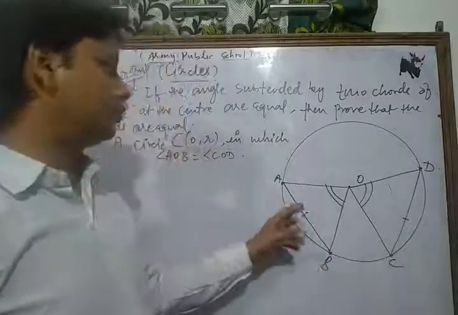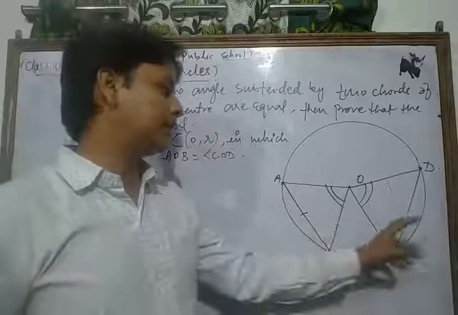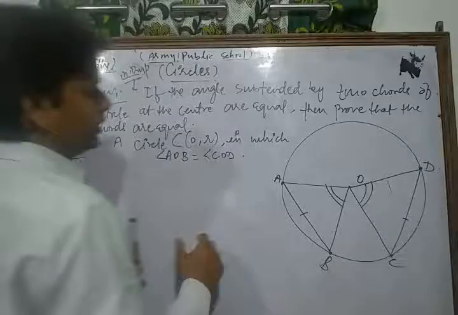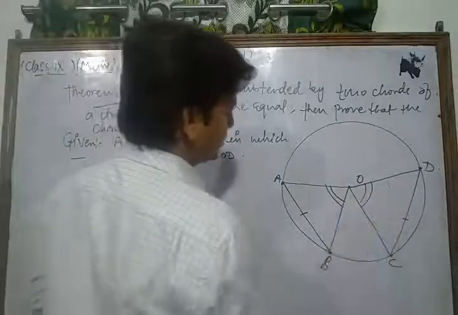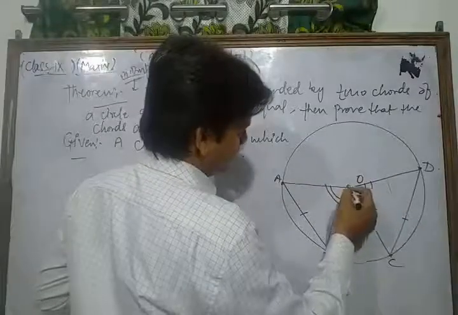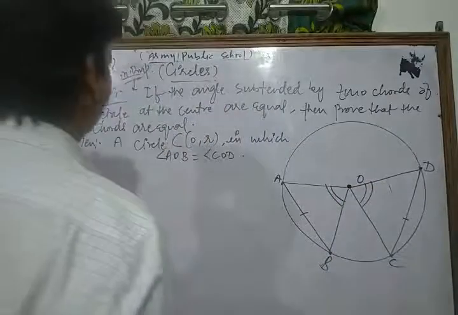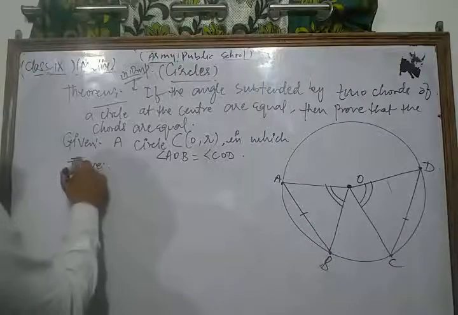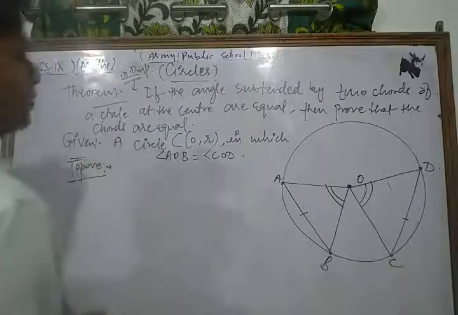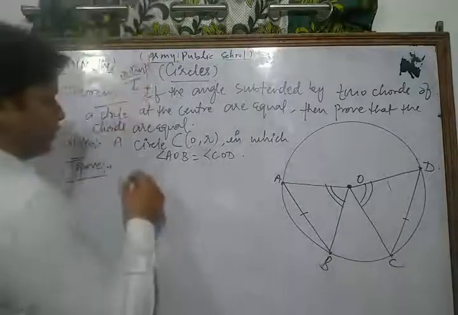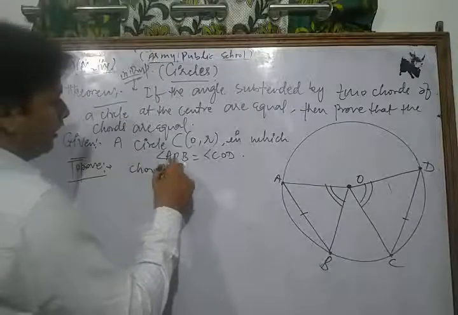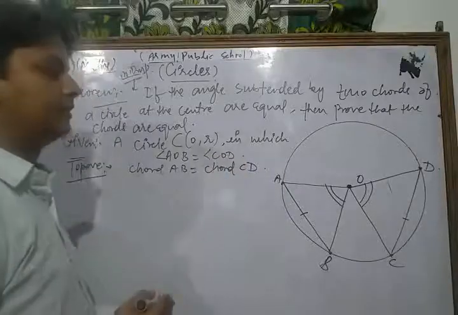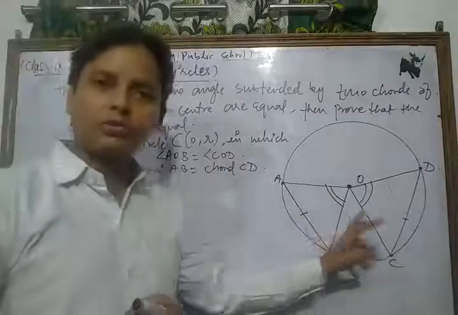So the angles subtended by the two chords at the center are angle AOB and angle COD. Now to prove, we have to show that chord AB is equal to chord CD.